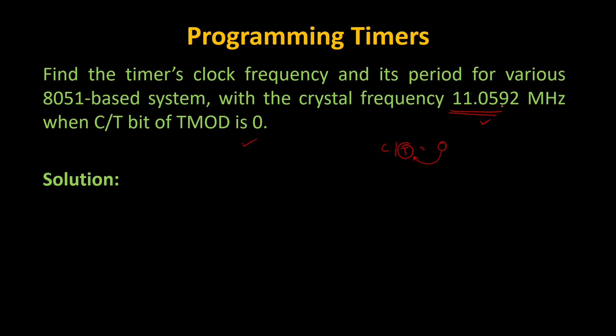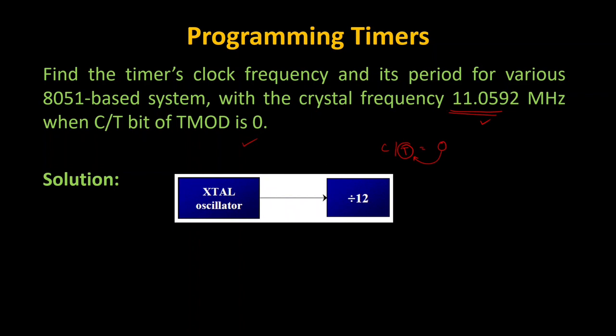So you have the clock frequency of 11.0592, and you are trying to understand what timer clock frequency you will have. In order to understand that, every time you have an oscillator, it is divided by 12. The crystal oscillator frequency is 11.0592, right?